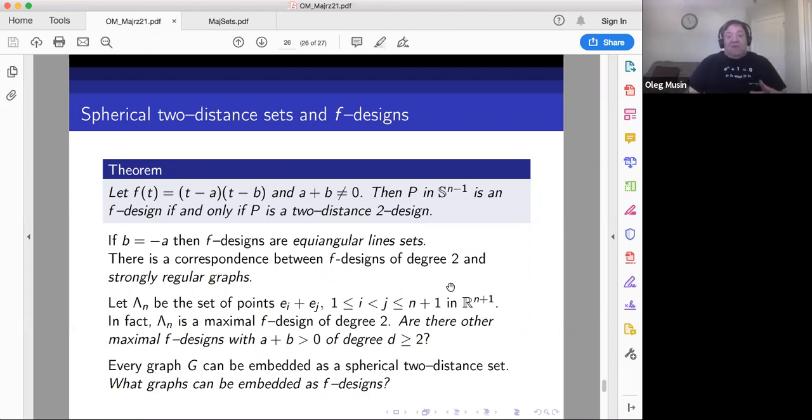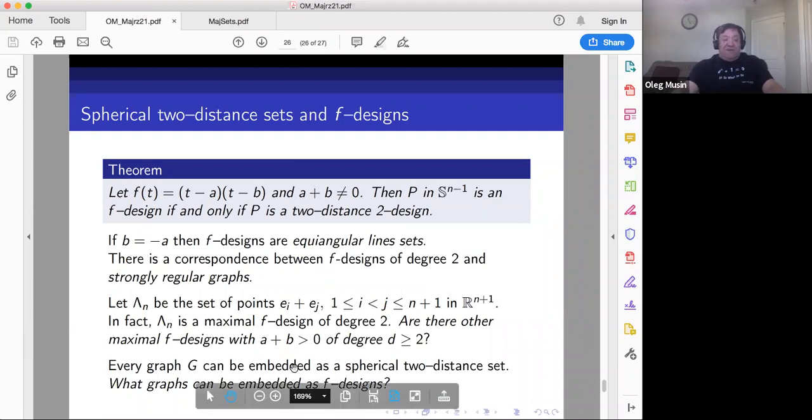The general question is not necessarily about F-designs. Do we have other two-distance sets with a plus b greater than 0 that attain the upper bound, of cardinality n plus 1 choose 2?